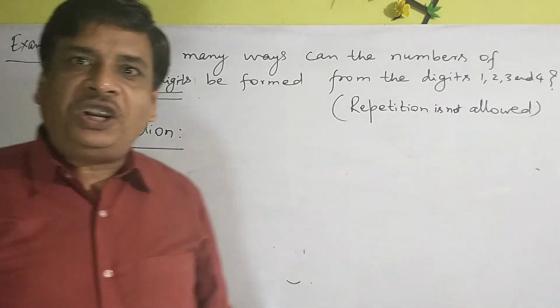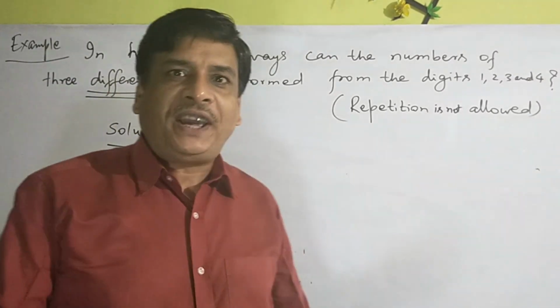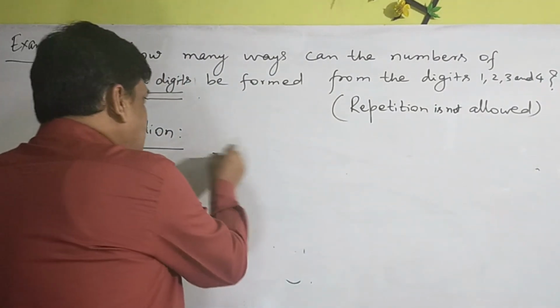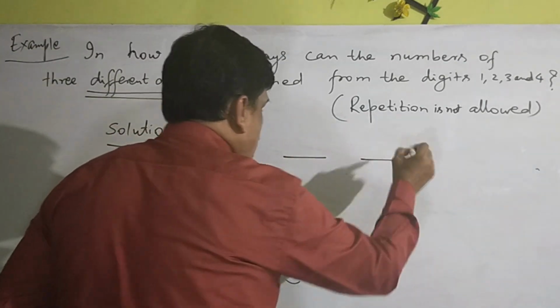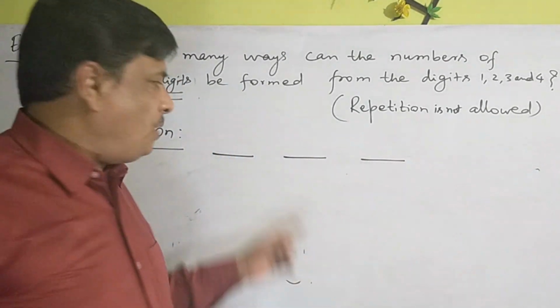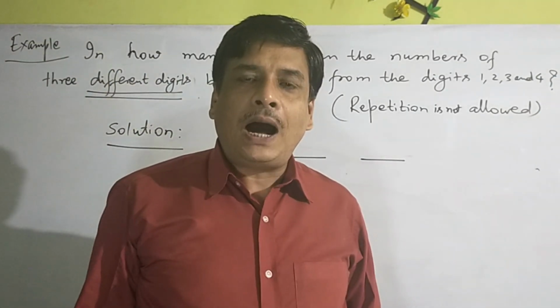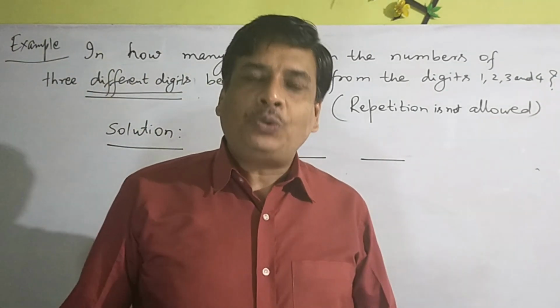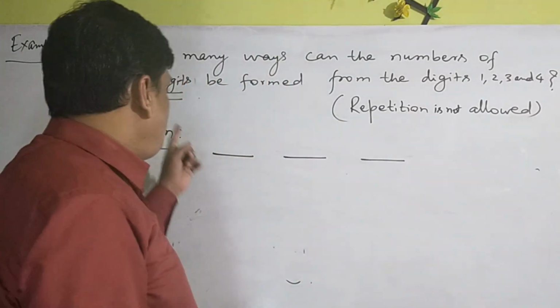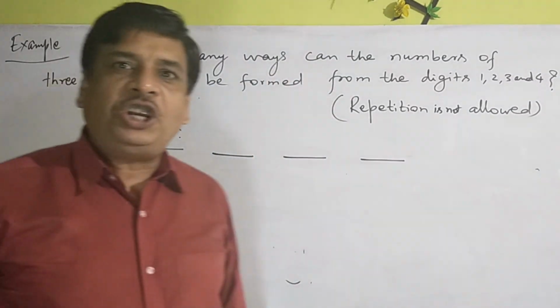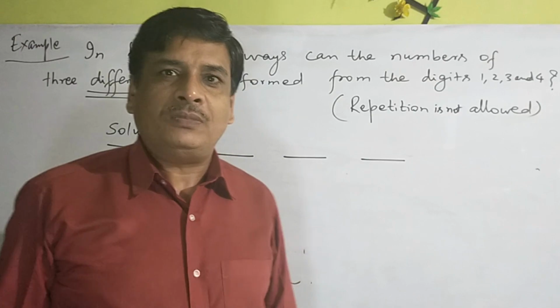Forming numbers of 3 digits means there are 3 vacant places. The number of ways by which these 3 vacant places are to be filled up is the total number of ways by which the numbers of 3 different digits are possible to form.